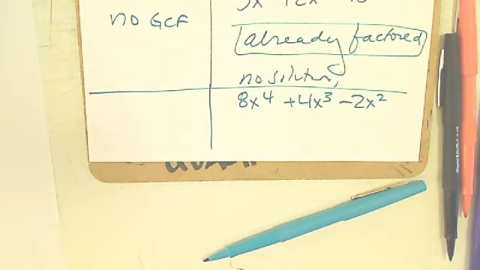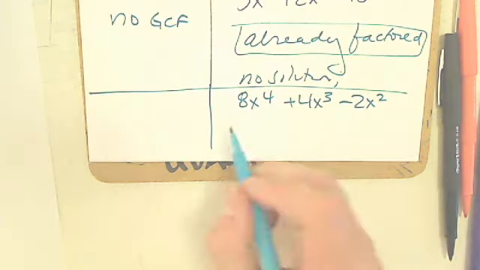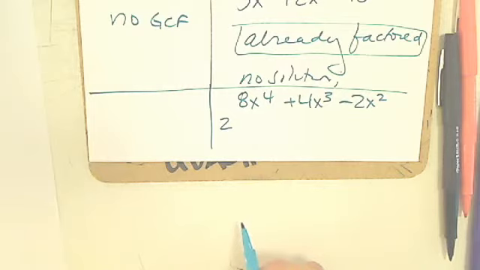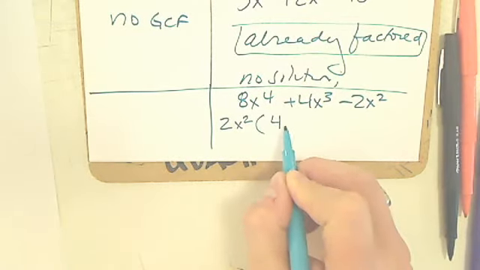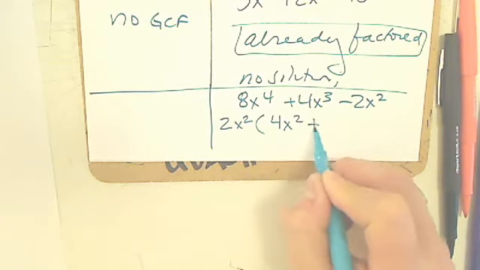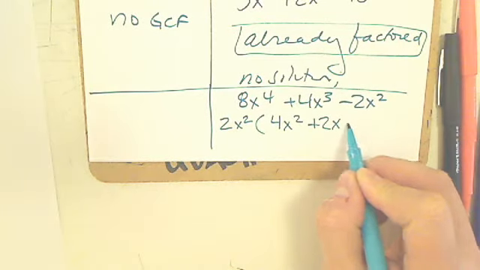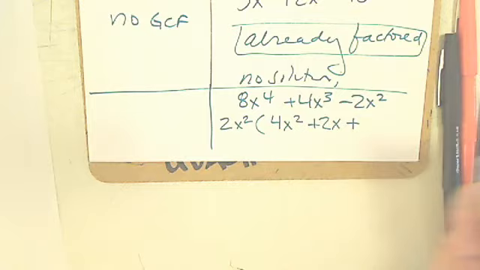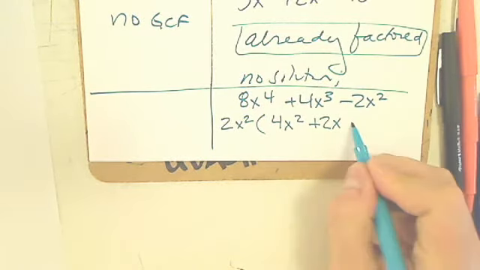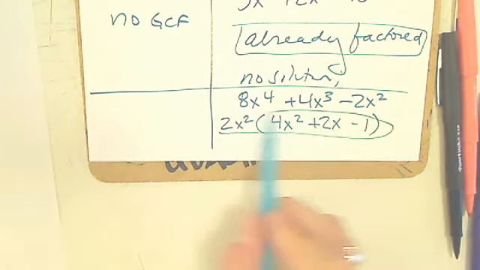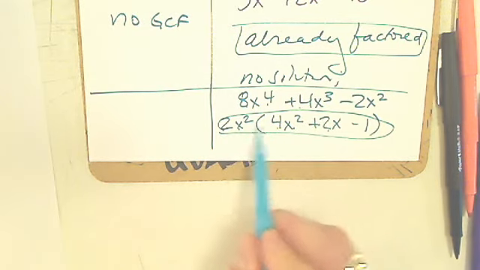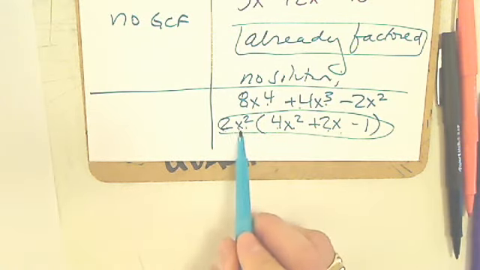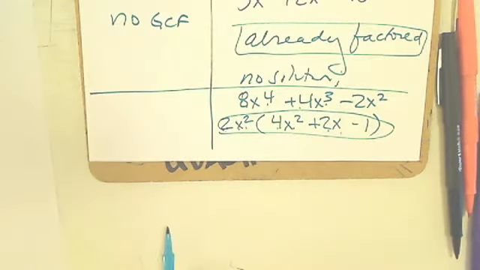Yeah, 2 is a GCF. What else? x^2. Leftovers: 4x^2 plus 2x minus 1. Let's see, make sure: 2 times 4 is 8, x^2 times x^2 is x^4, 2 times 2 is 4, x^2 times x is x^3, 2x^2 times negative 1 is negative 2x^2. There you go. This is only half of this section, though.